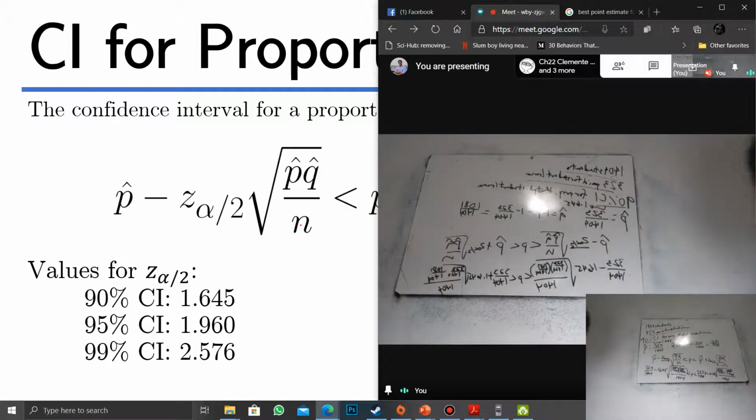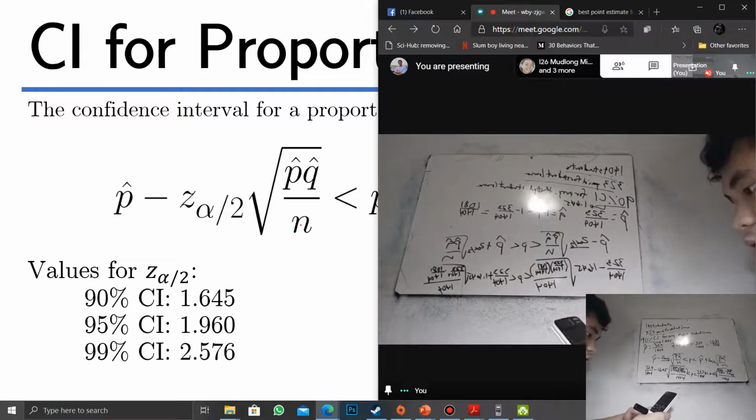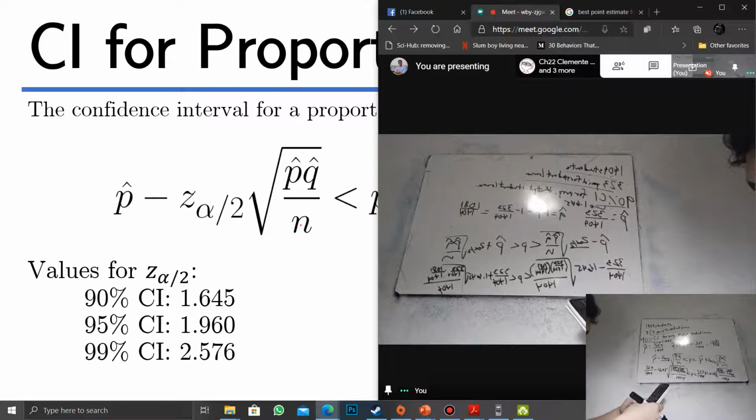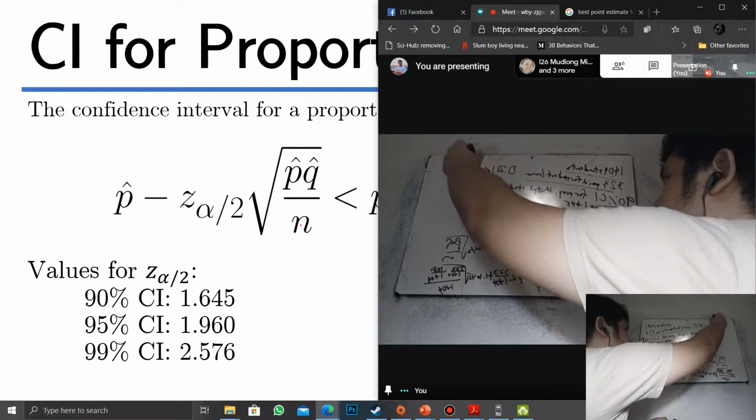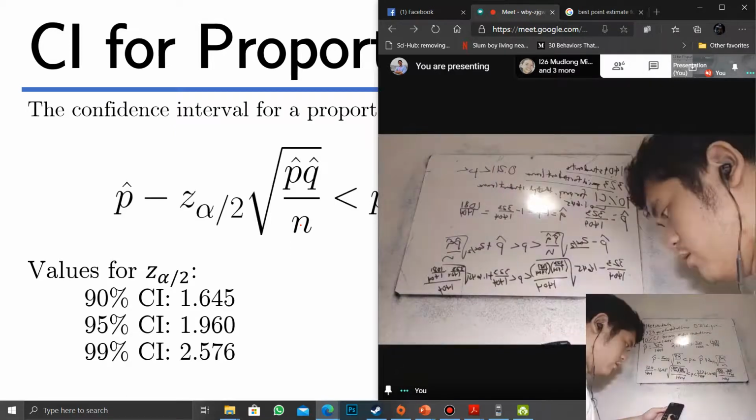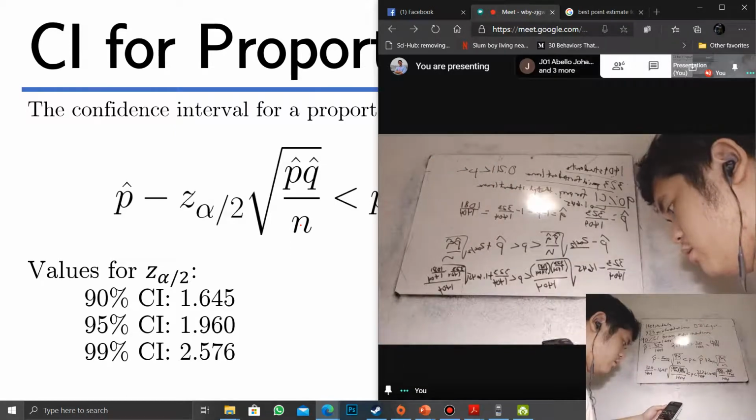Calculate ko lang, this is what I'll get. 0.211 less than p less than 0.249.